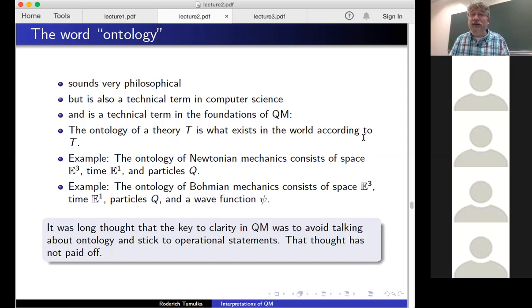On the contrary, those theories that had a clear ontology, clear statements about what is actually there, have advanced the field more than the discussions about operational statements. Basically, that's because there's agreement about what will be the outcome of certain experiments if you set them up in a particular way.